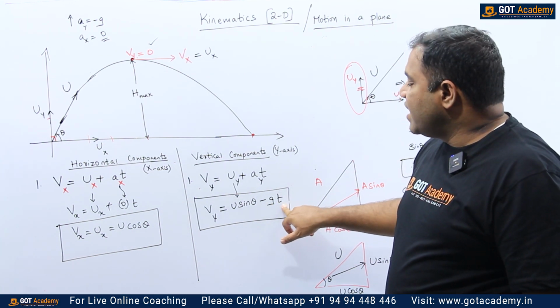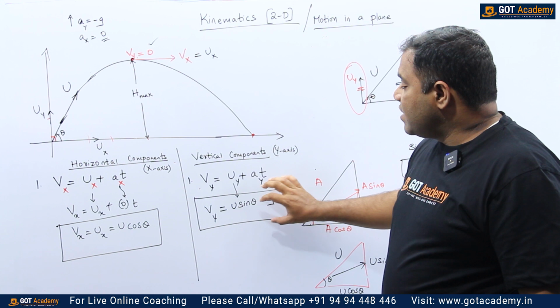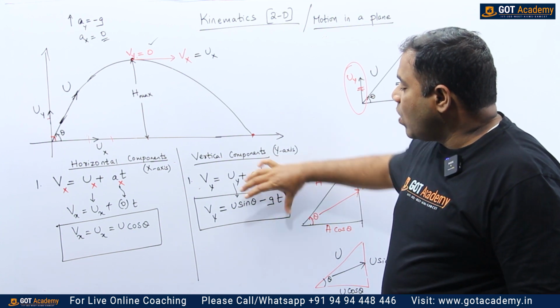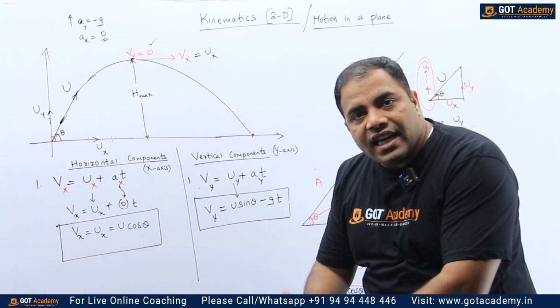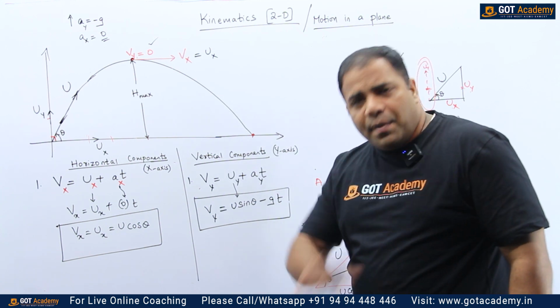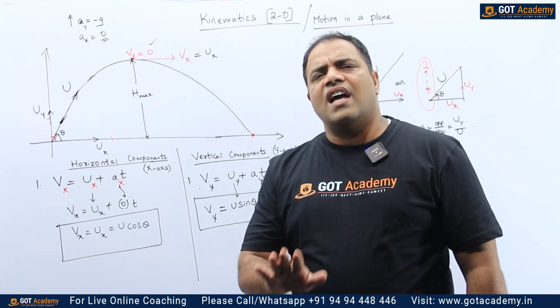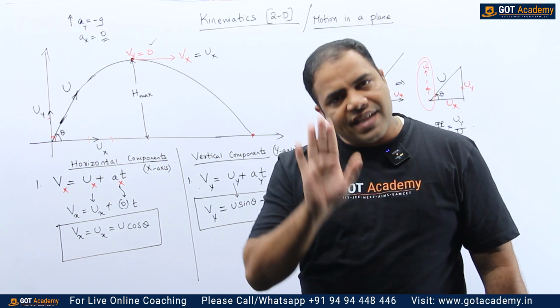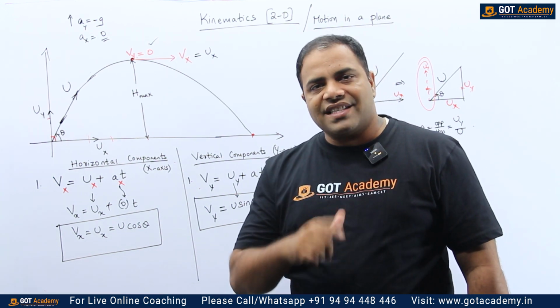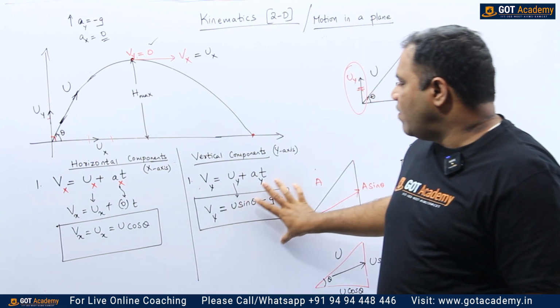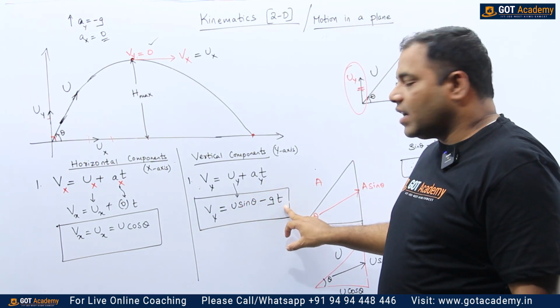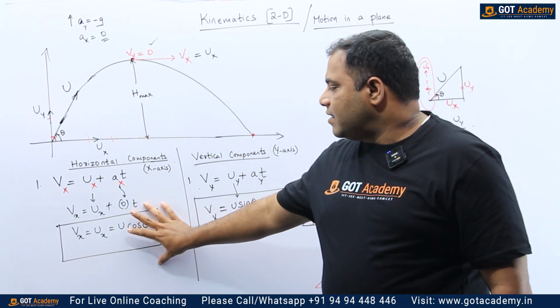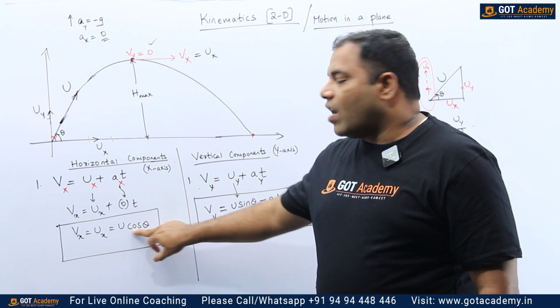So this negative value is increasing, and the total result will slowly decrease. There is no chance of it remaining constant. It has to decrease. So this is a variable value since it depends on time, whereas the x component is constant.